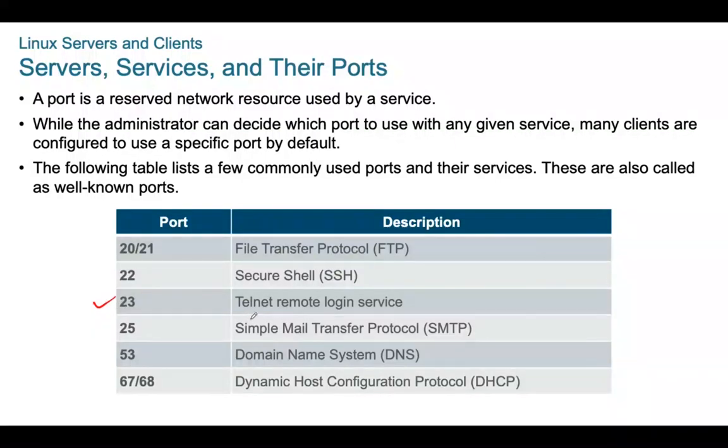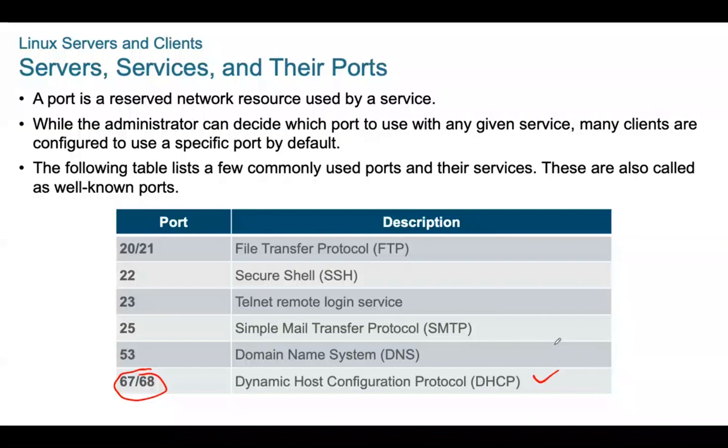23 is used for your Telnet remote login service, remote login on your computer. That means you can sit at your home and connect with your server room. Port number 25 is used for the Simple Mail Transfer Protocol, SMTP, for mailing purposes. Port number 53 is used for the Domain Name System, and 67 and 68 are the Dynamic Host Configuration Protocol.